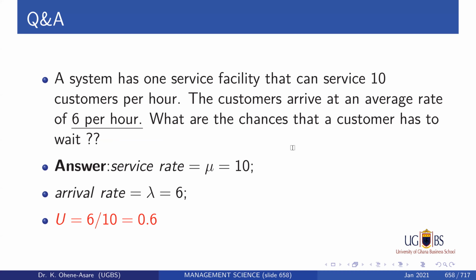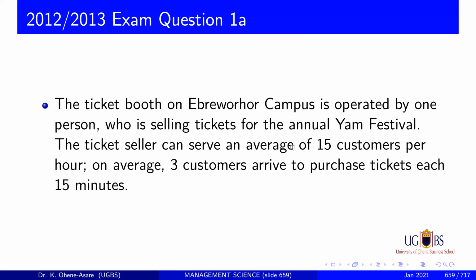All right, let's look at another one. And this is a kind of exam question that we looked at some time. The ticket booth on a Brauho campus is operated by one person who is selling tickets for the annual Yam Festival. The ticket seller can serve an average of 15 customers per hour.